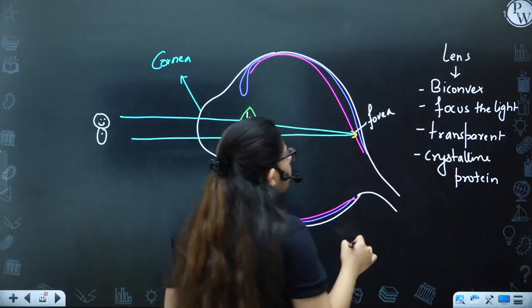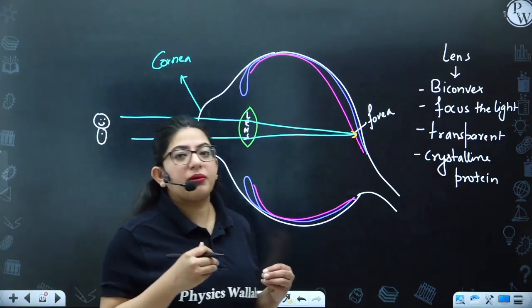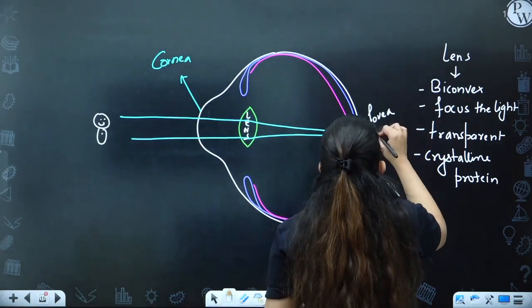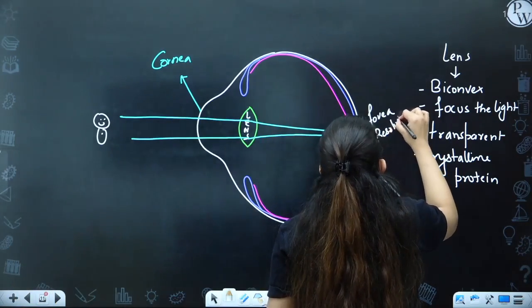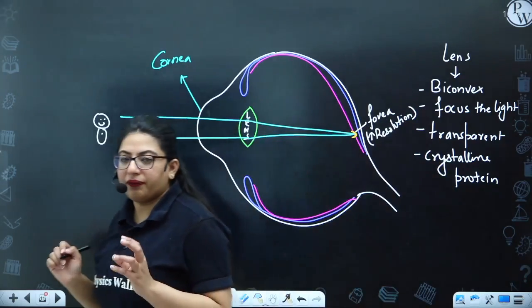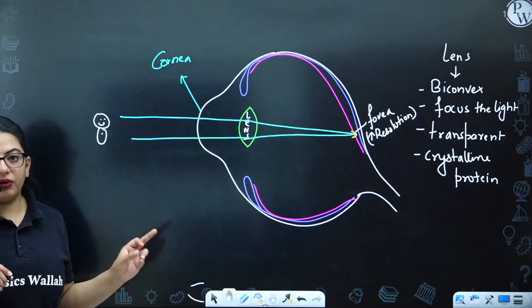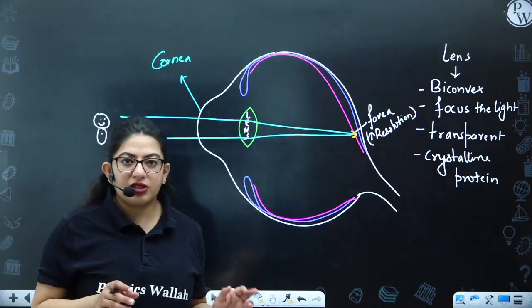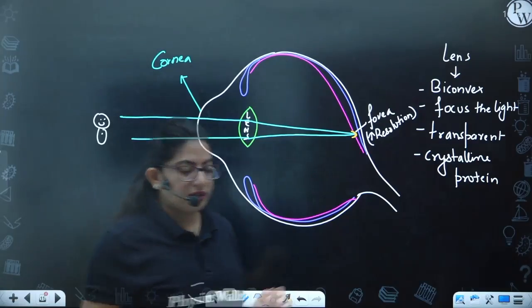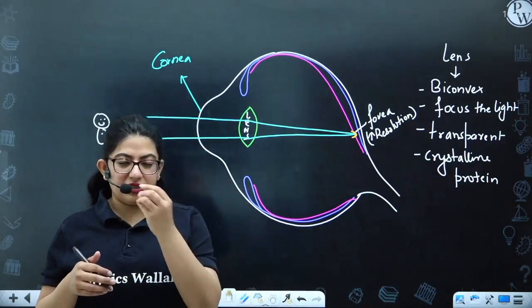Why is it forming the image in the fovea? Because it is a particular region where the resolution is maximum. That means clarity of image formation is maximum. And every time your eye wants to form the image here only. Did you understand this point? Yes. So what this fovea basically is, it's a small pit.